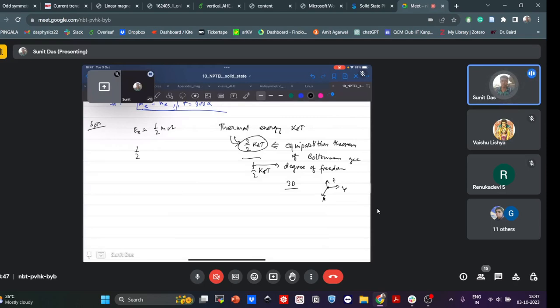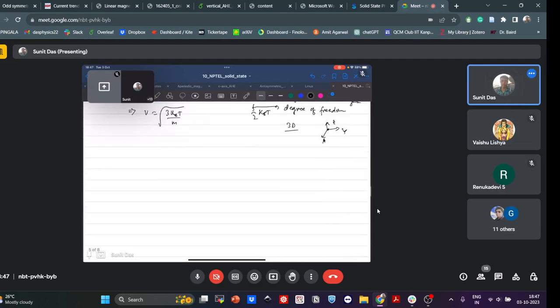So the thermal energy gives rise to the kinetic energy of the electrons. We'll equate this and we need to find v. So v equals root of 3 kBT by m, which is root of 3 into 1.38 into 10 to the power minus 23 into 300 Kelvin by the electronic mass, which we are approximating.